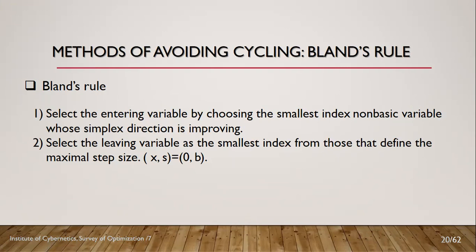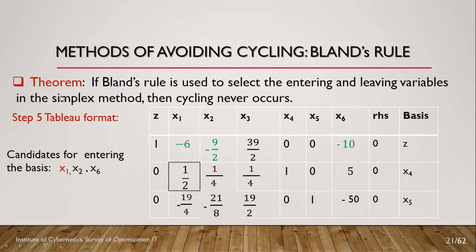So we just follow a simple rule, and if we follow this simple rule, we can avoid cycling, as the theorem on the next slide says. According to the theorem, if Bland's rule is used to select the entering and leaving variables in the simplex method, then cycling never occurs.